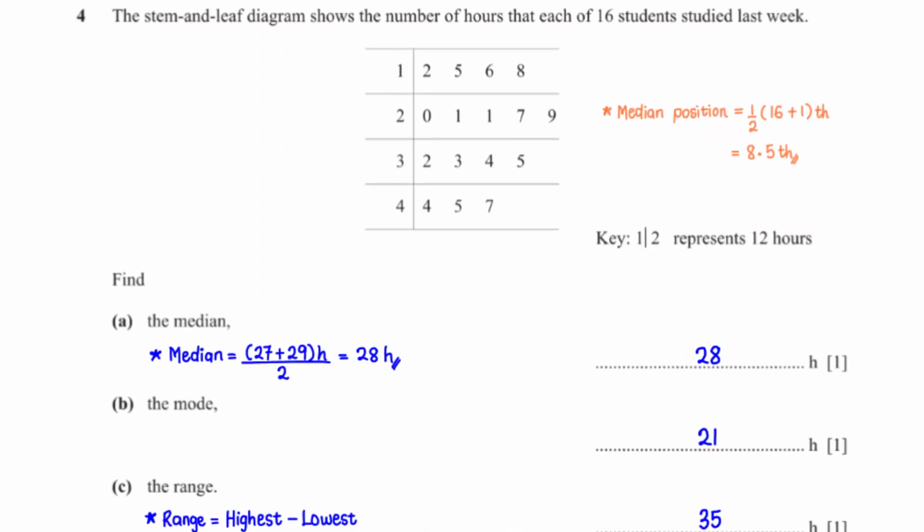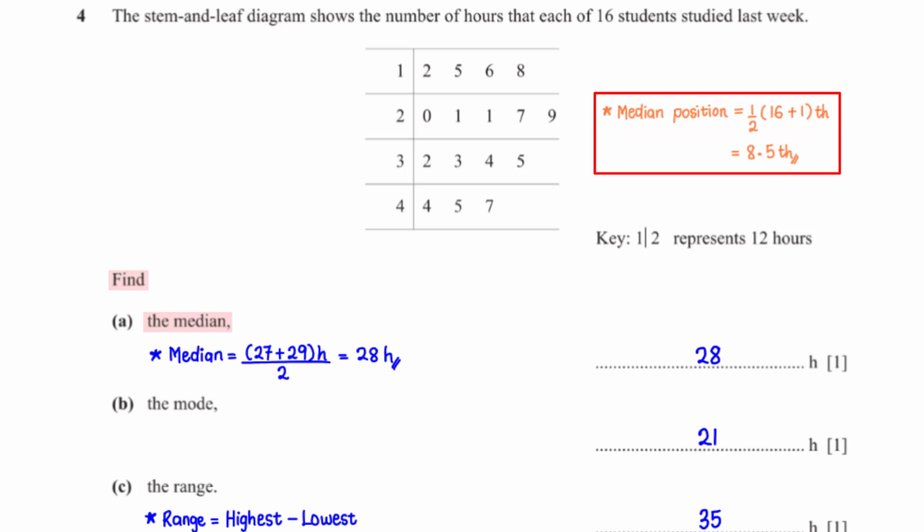The stem and leaf diagram shows the number of hours that each of 16 students studied last week. Find the median. The stem and leaf plot is already arranged in ascending order, and so to get the position of the median, we find half of n plus 1, where n in this case is 16.